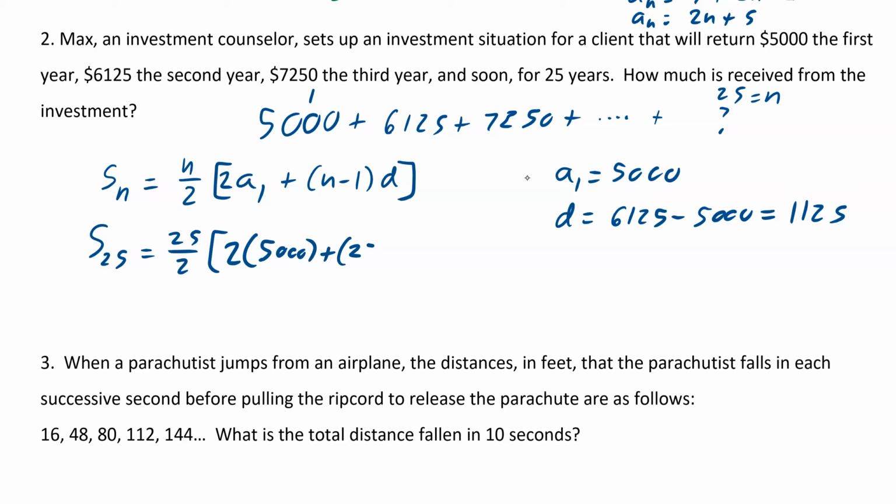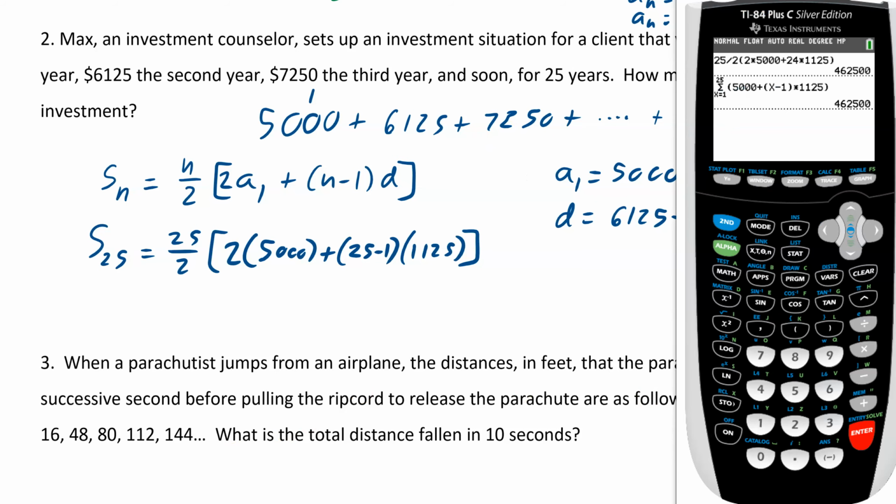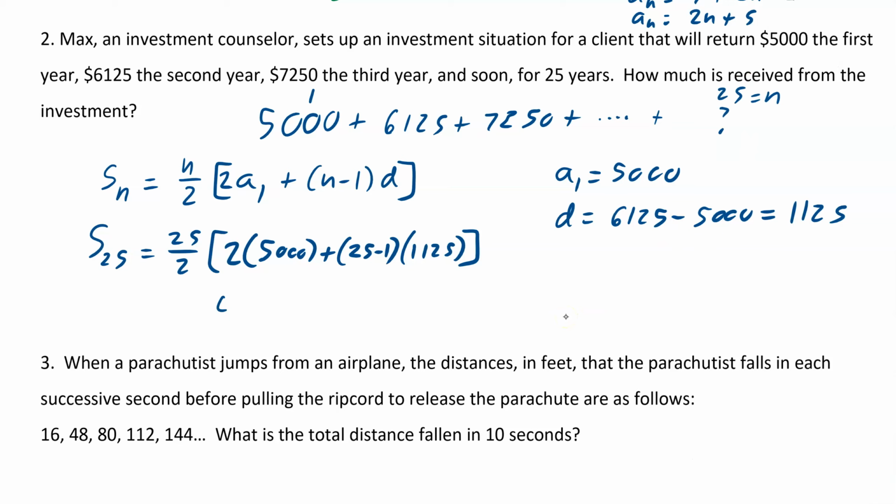So this would again be 25 minus 1, which is 24, times 1125. And we plug that in our calculator. And it gives us this, 462,500, so 462,500. I've also done it with the general term. It's 5,000 plus n minus 1 times 1125, so our difference and our a sub 1, so 462,500.